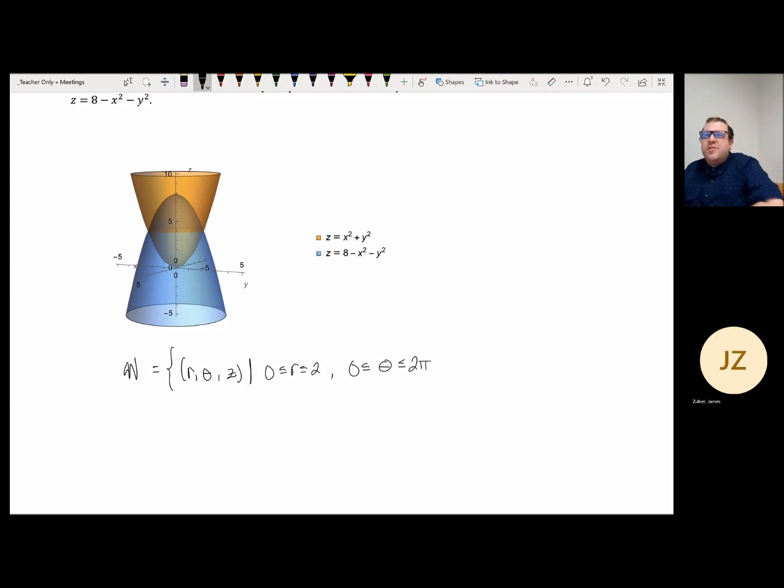Remember, in cylindrical, r theta is the same as polar r theta, so we can just do that. Then we ask, now the height extends from what to what?